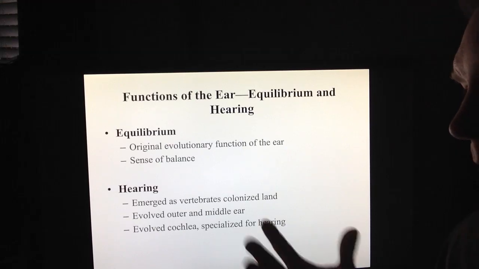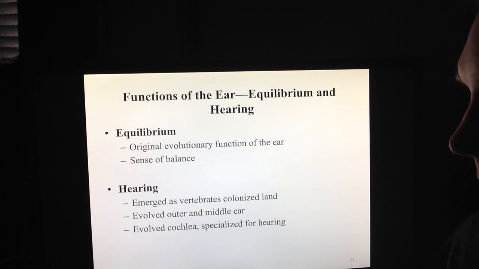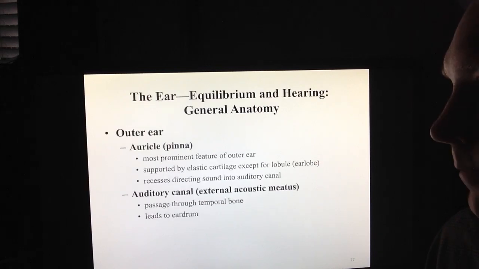Now, equilibrium is keeping your balance, sense of balance. Hearing, of course, we know what that is. And there are 3 sections of the ear. We need to know what structures are in the outer ear, middle ear, and inner ear for the online lab quiz. Okay.